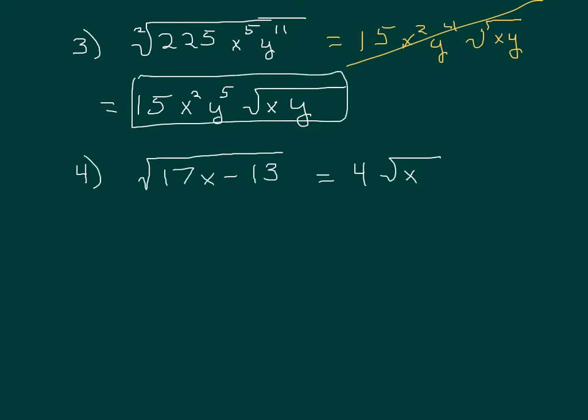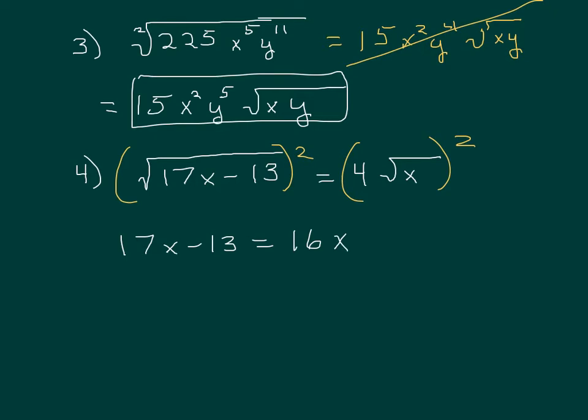On this problem, you said that there was no answer, so you said the solution set is the null set, but that is not correct. So let's look and see what is correct. To do this problem, you have to square both sides. On the left, you're left with 17x minus 13. On the right, 4 squared is 16, and the square root of x squared is x.